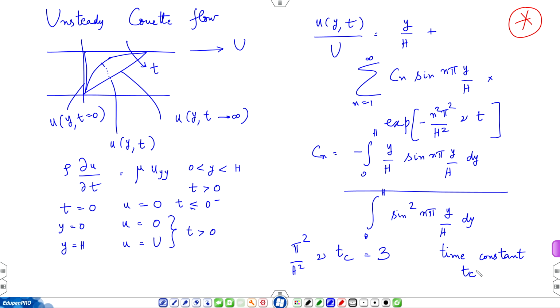If you ask how long will it take for steady state to be reached, it is given by this expression where nu, what is nu? Nu is mu over rho, and it is called kinematic viscosity.